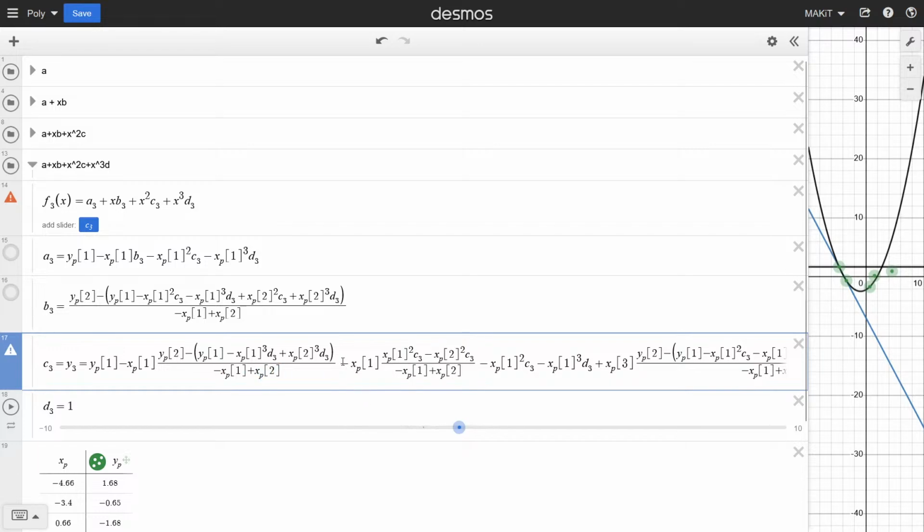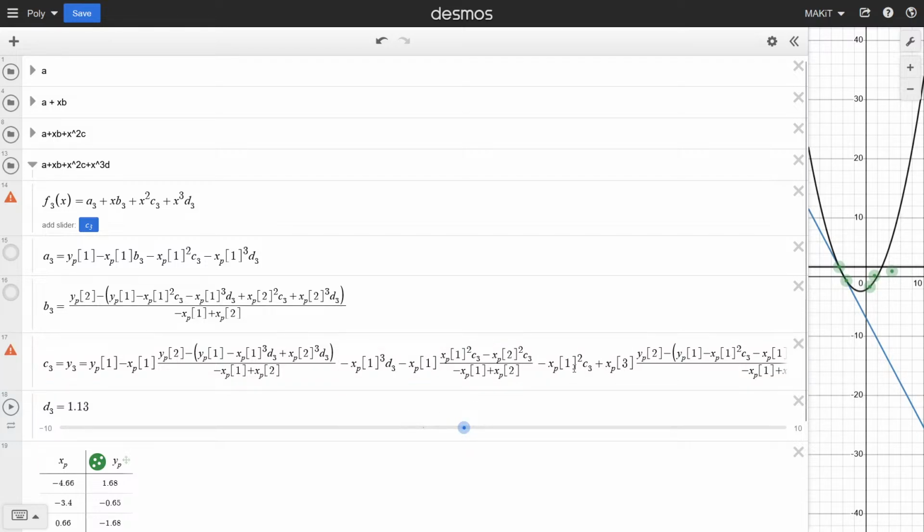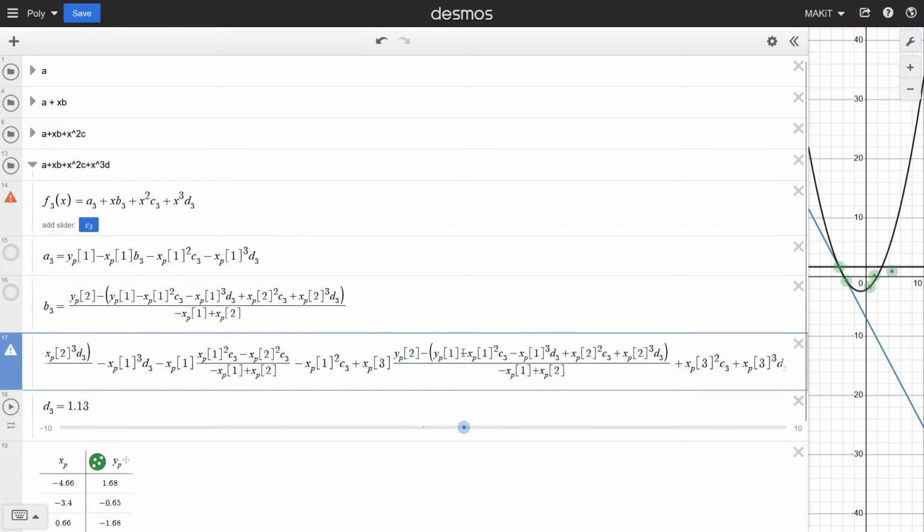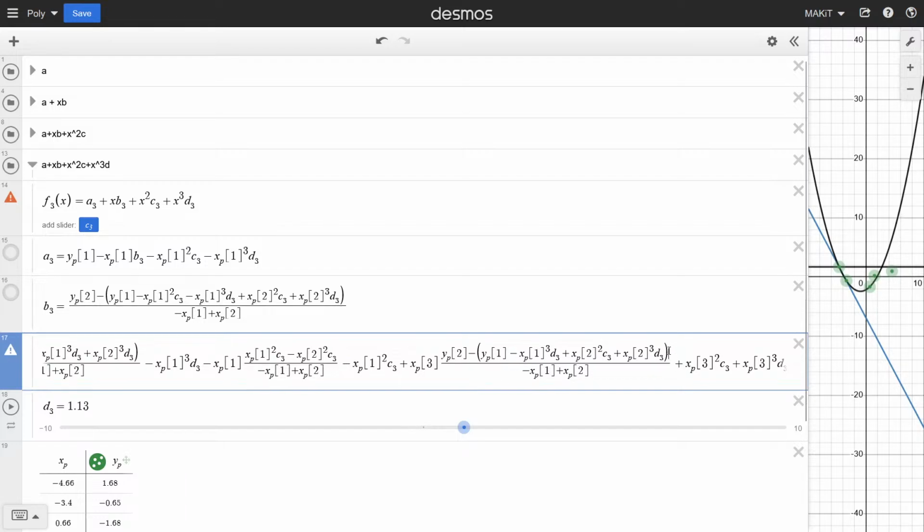Great, and now what we do is we move all the c's to one place and all the rest to the other. So this one, for example, has no c, so move it to the left. Over here we should take also those c's, which will be like this. It's a minus with a minus, so it will be just a plus.